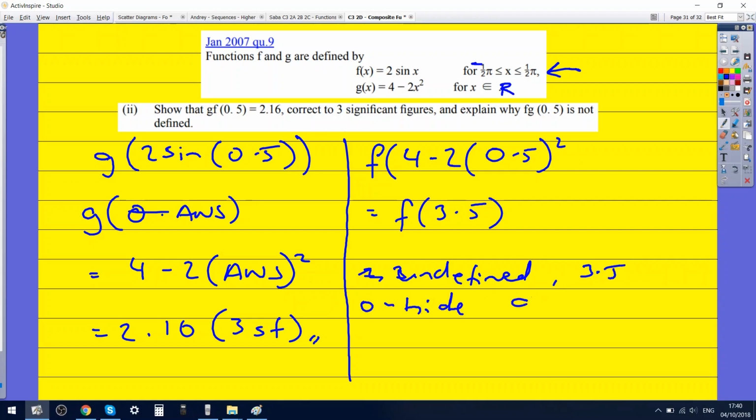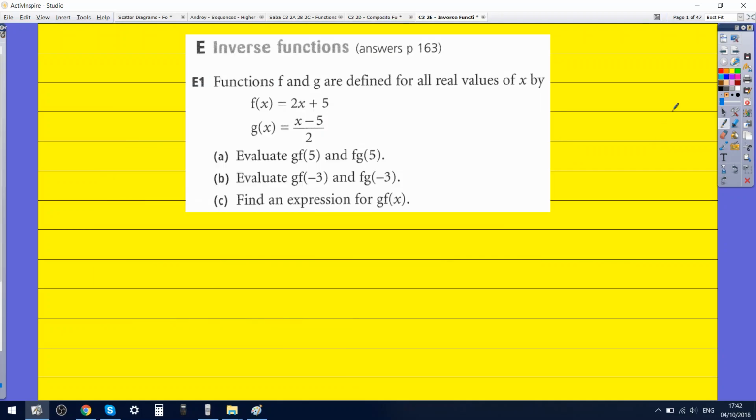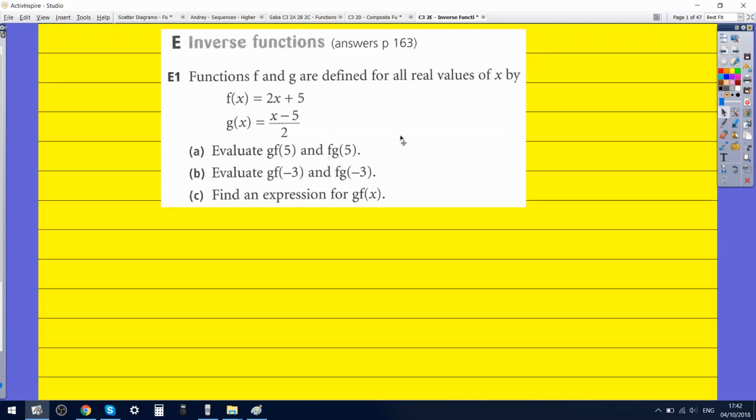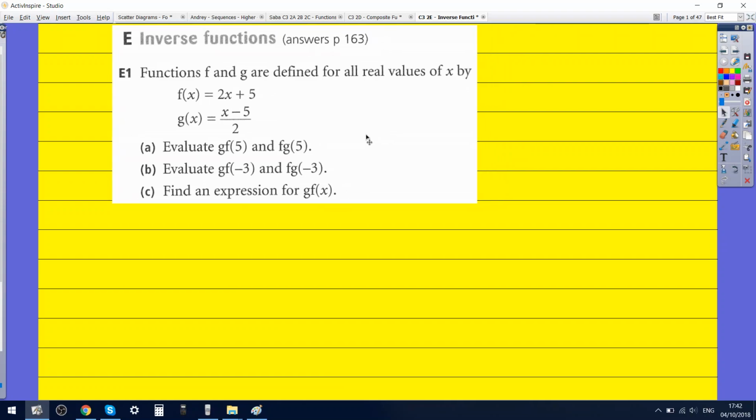Okay. And if we really wanted to, we could say you'll be fine for both. Oh, there might just be something at the end of this. Yes. Let's try just part C. Find an expression for g f(x). Oh, it's just a thing, isn't it?